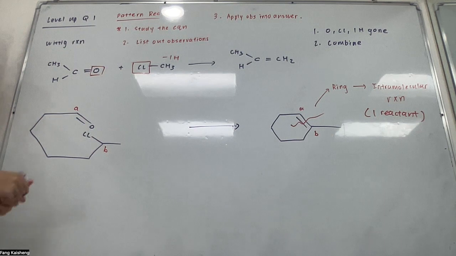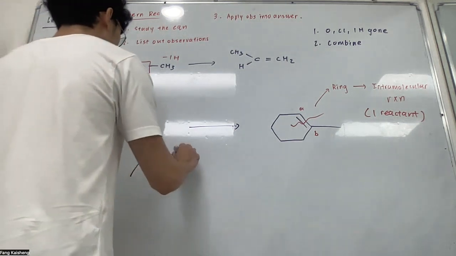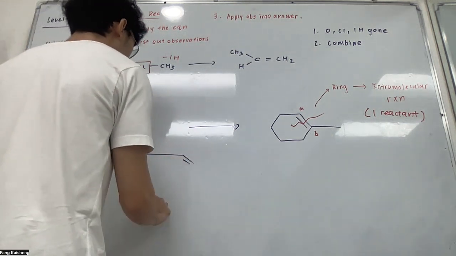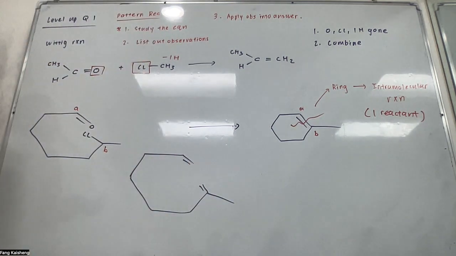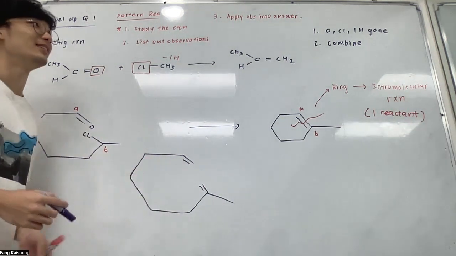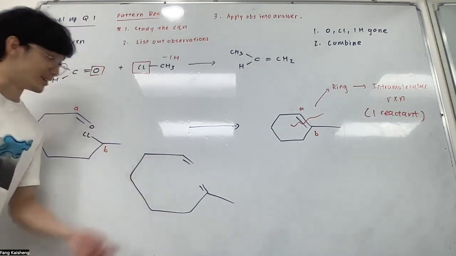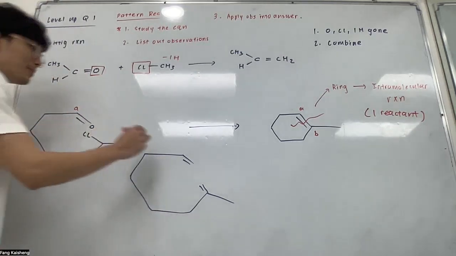No. Because if you all realize just now, let me just draw another alternative answer. I just now cut a double bond, so it looks like that, right? Do you all see this? I got my carbon A and B again.